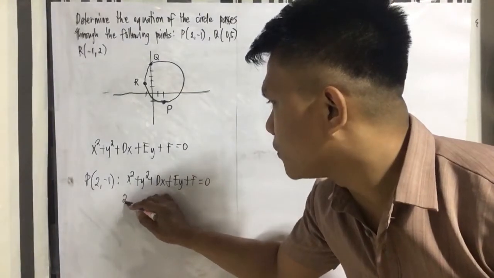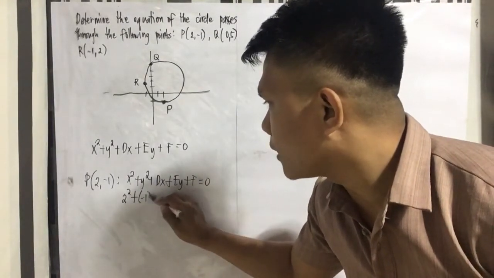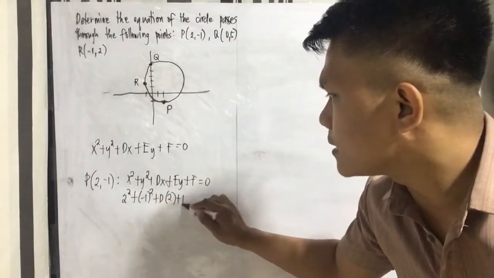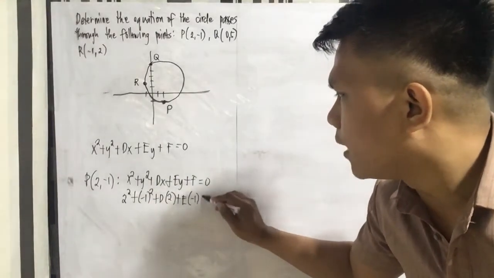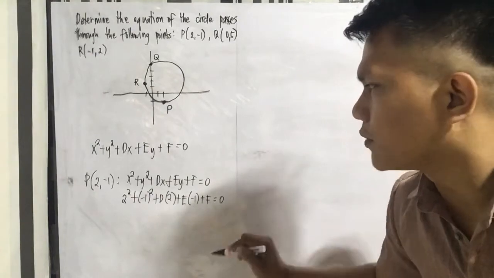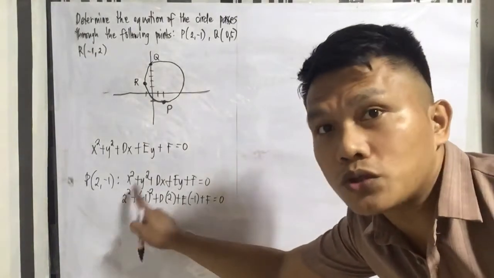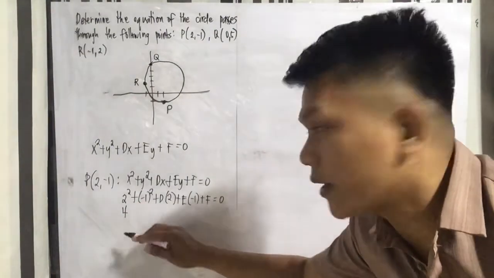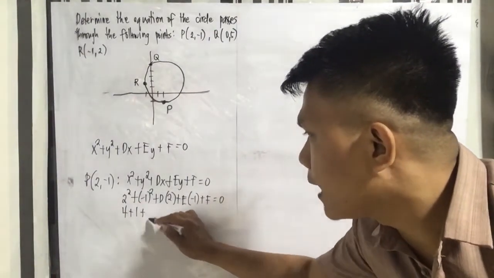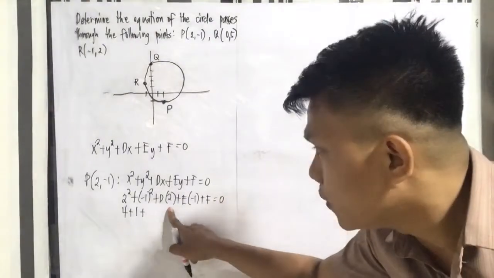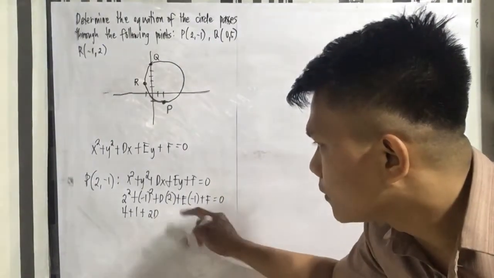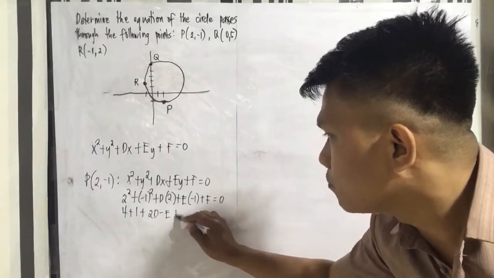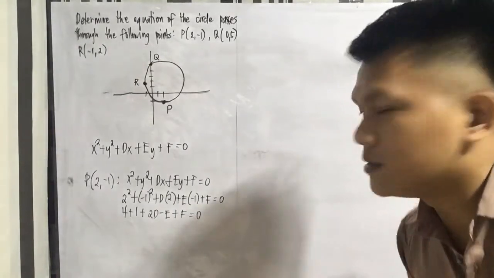So we have 2 squared plus (-1) squared plus d times 2 plus e times -1 plus f equals 0. Then 2 squared is 4, (-1) squared is 1, d times 2 is 2d, and e times -1 is -e, plus f equals 0.